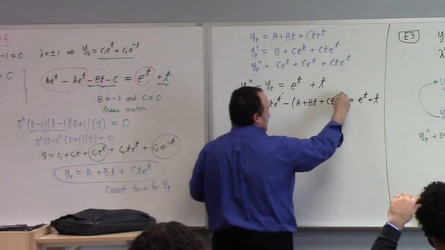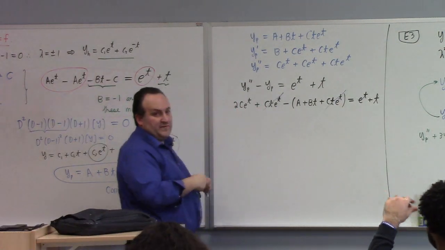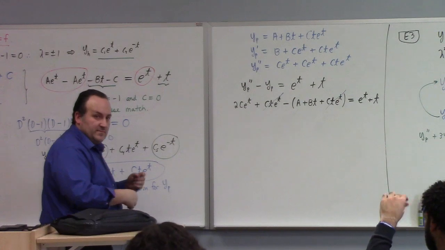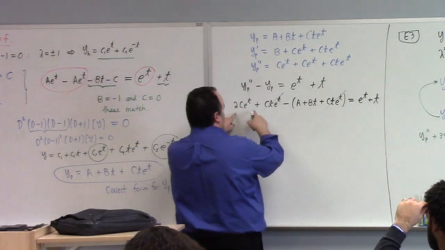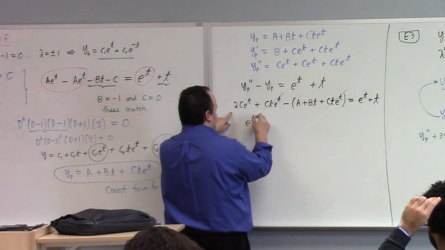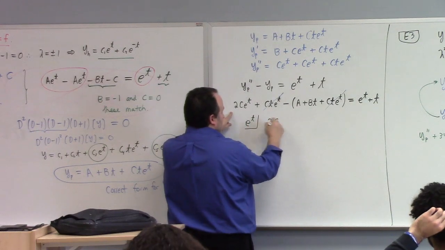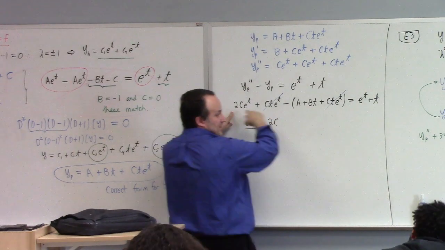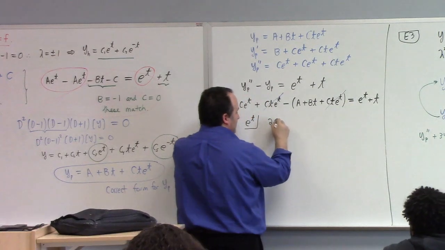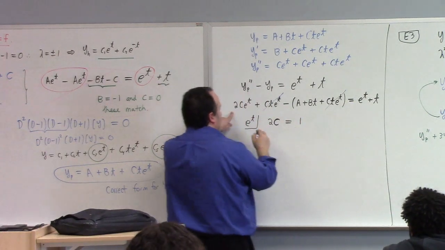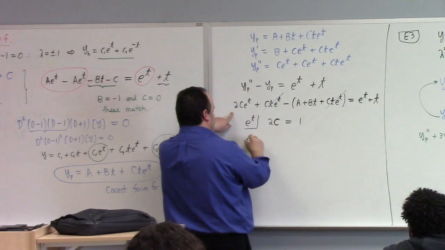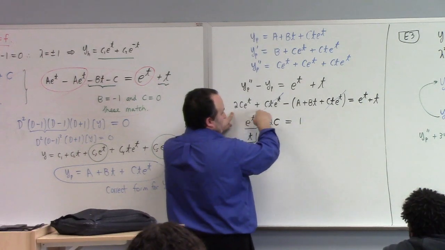So there's still cancellation, right? This and this cancel, fine, but we're still left with exponential terms. If you look at the two sides, we've got 2C on the left-hand side, and I've got 1 over here. So 2C equals 1. From t-type terms, what do I got?